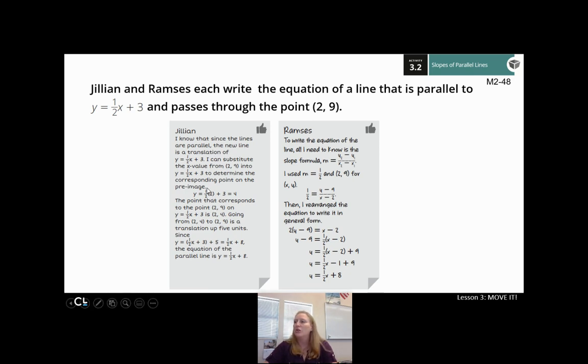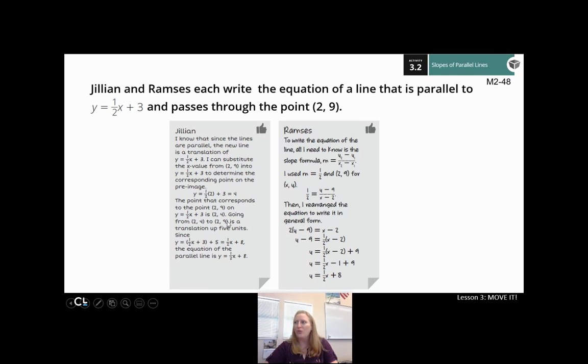So she plugs in a 2. Half of 2 is 1, plus 3 gives me 4. That means the point that corresponds to (2, 9) on our original function is (2, 4). Originally it was (2, 4), but our new point is (2, 9).